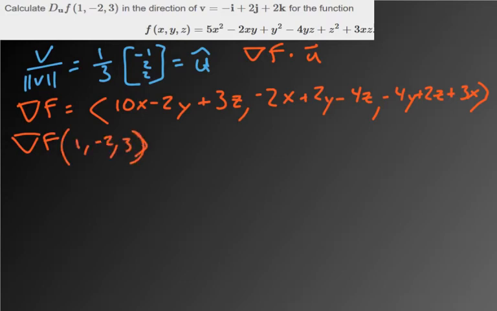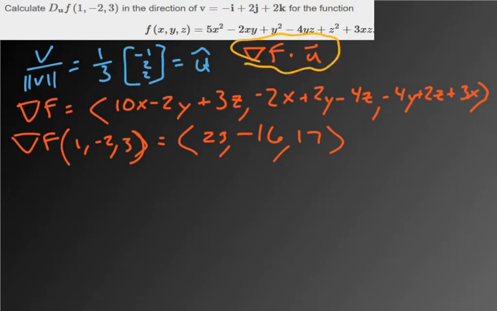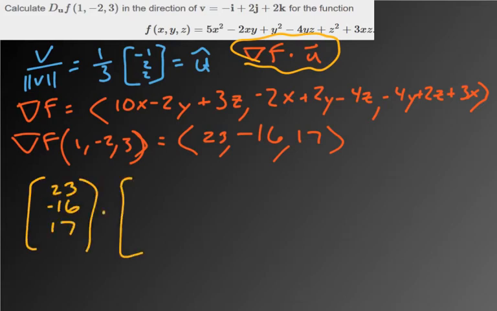So if I plug that in, I will get that. And then I just need to do this dot product. So if I do 23, negative 16, 17, dotted with negative a third, 2/3, 2/3, I would get negative 7. And that is the directional derivative of f at that point.